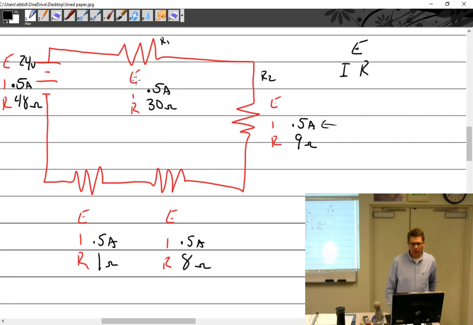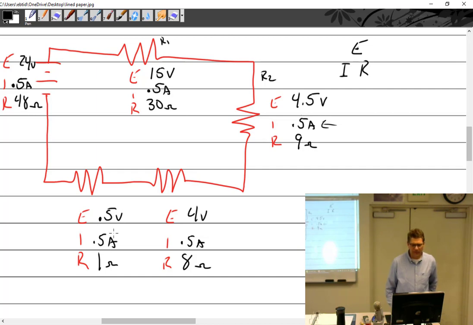Okay, so what's my voltage drop here? I times R, 30 times a half, 15 volts. 9 times a half, 4.5 volts. 8 times a half, 4 volts. 1 times a half, 0.5 volts.